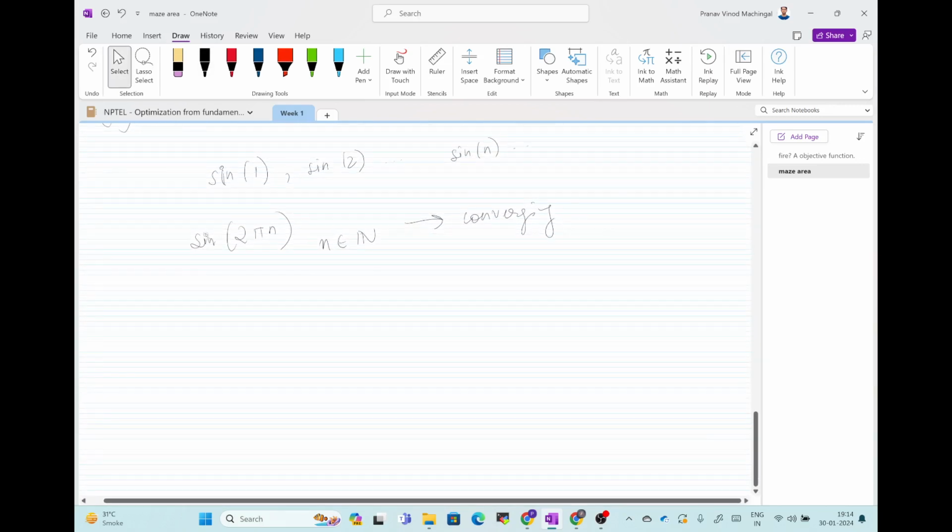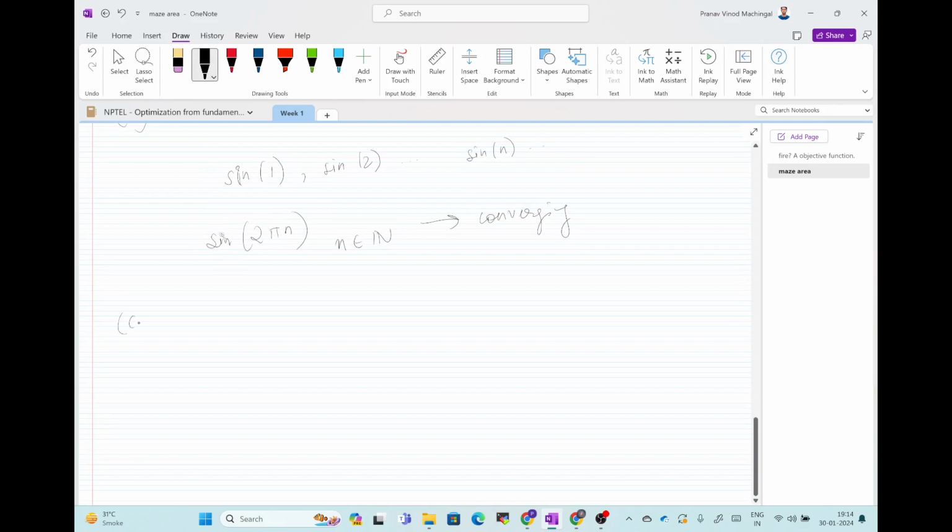What about 2n upon n square plus 1? Is it converging?